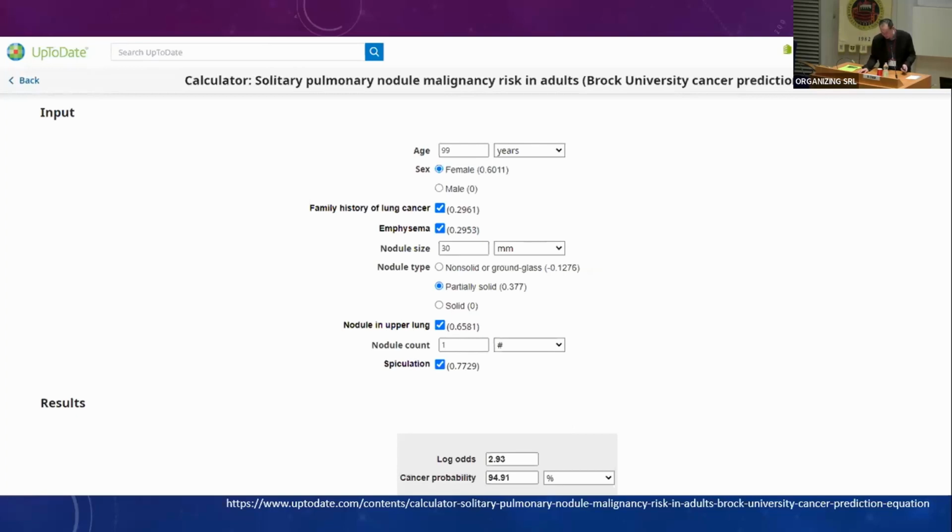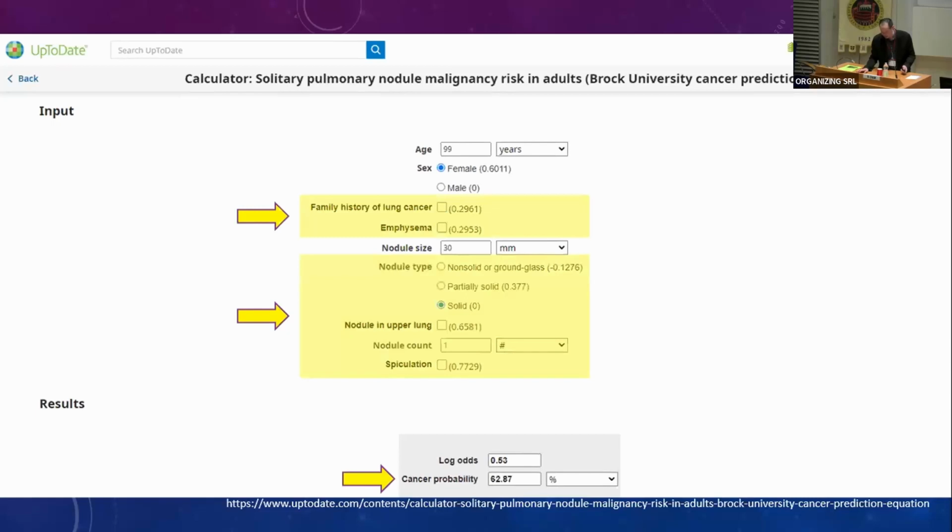Still, the cancer probability, as you can see at the very bottom, is only 94.9%. Doesn't quite reach the 99% cancer probability from a lung biopsy. And if you remove many of these parameters, the cancer probability drops down to 62%.